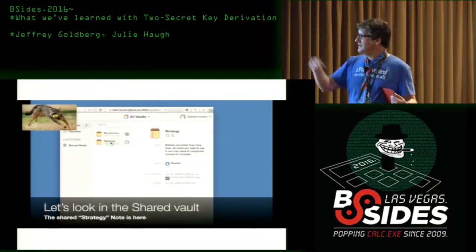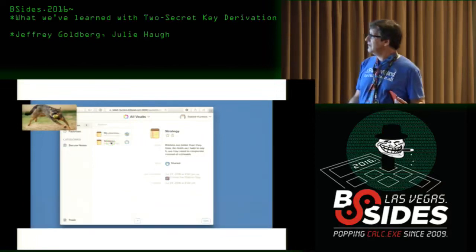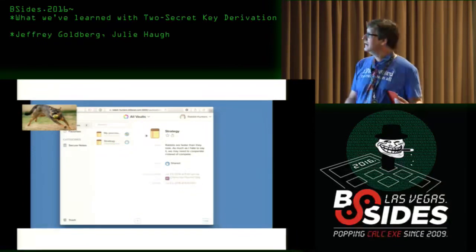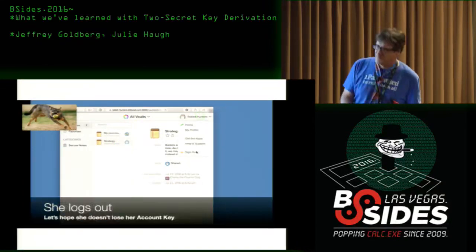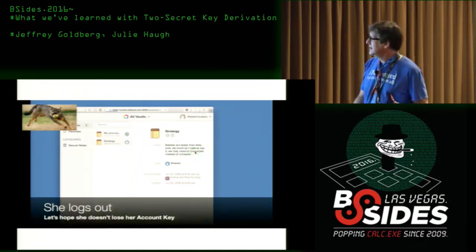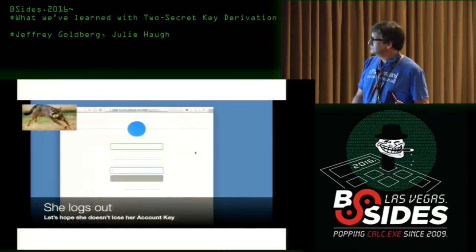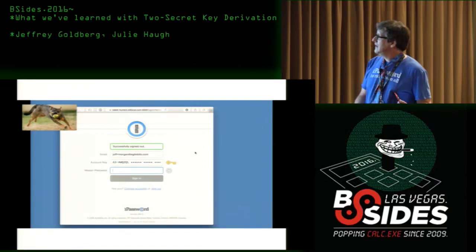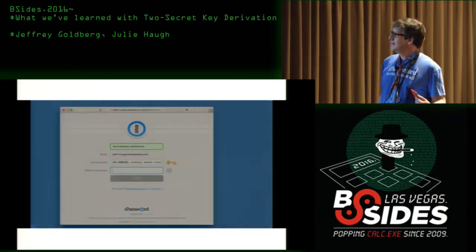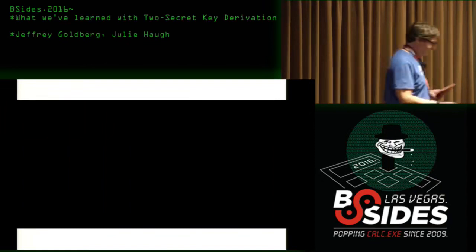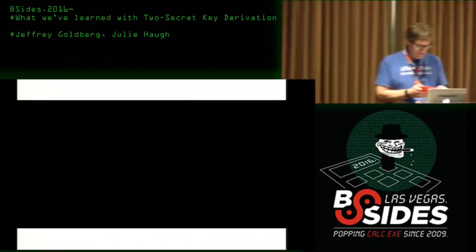And as you see, she can actually get what's in the shared vault as well, because the key to that vault has been encrypted with her public key. And there we go.